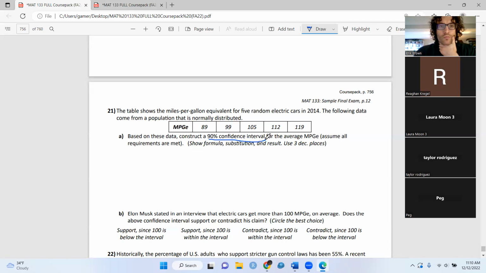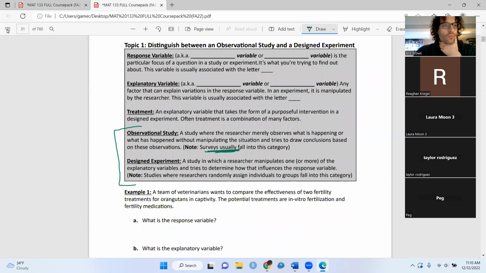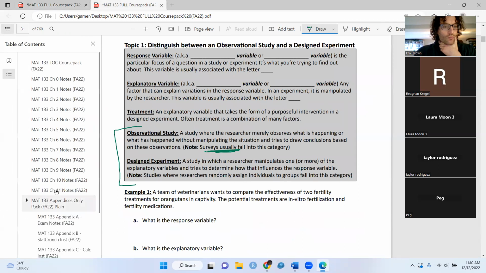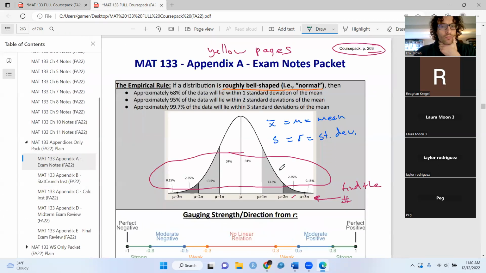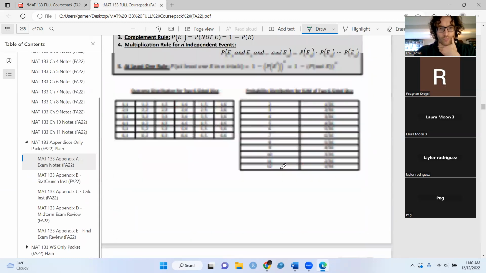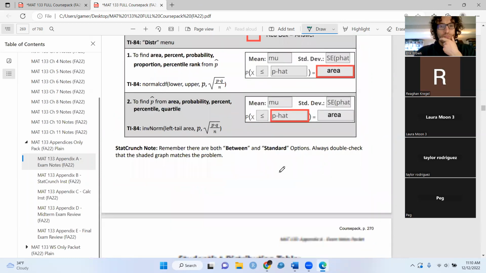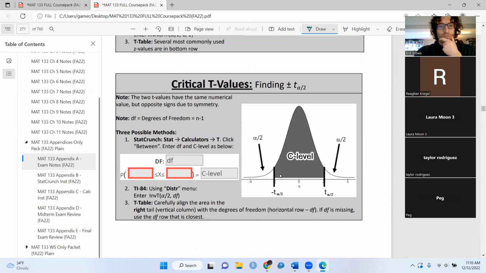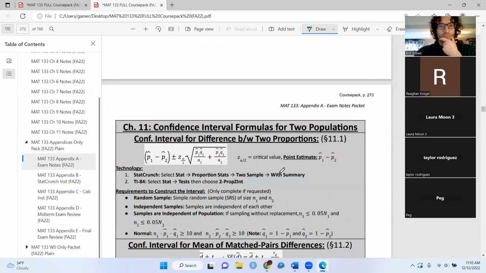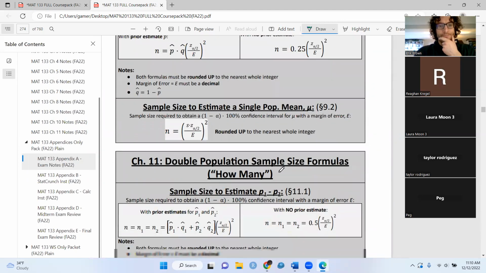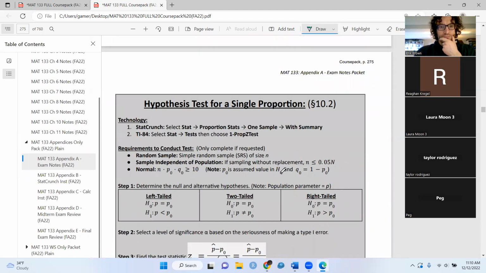I did this a couple days ago, so I'm trying to remember what I was doing. So you go to stat, T-stat, one sample with summary. Not with data, summary, because you have to put it in. Yep, you do have to put it in. 89.